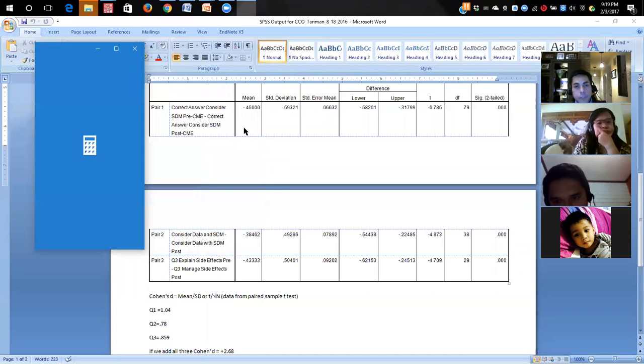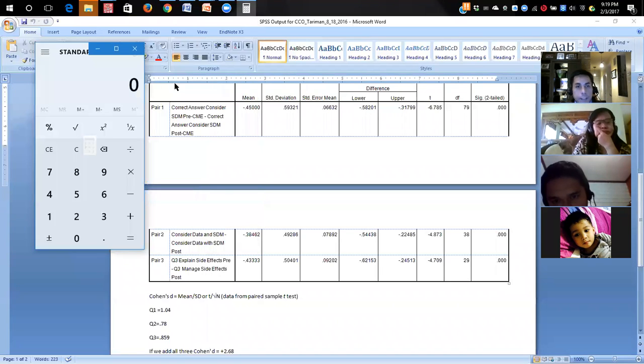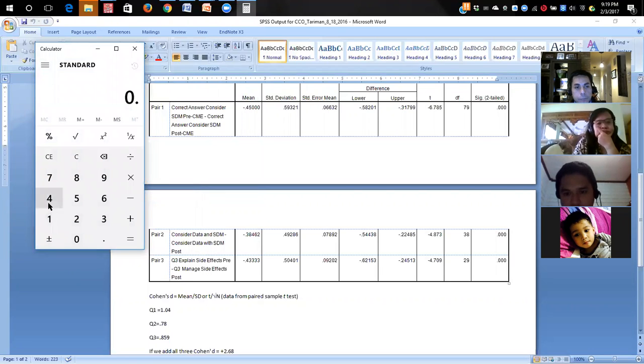So minus 0.45 divided by the standard deviation of 0.59321, and that's 0.758.